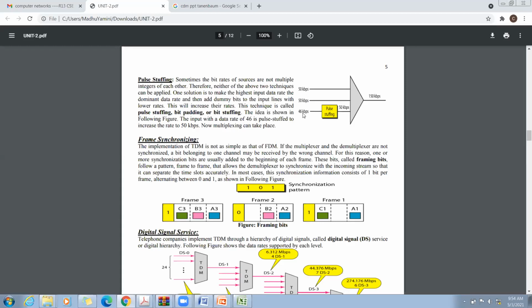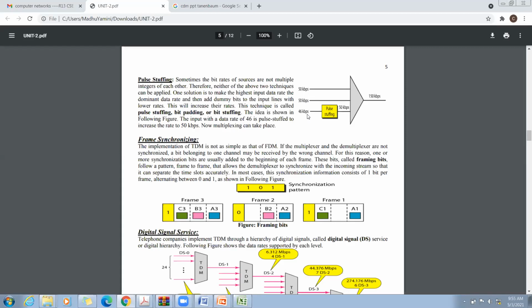There is a 4 kbps deficiency. So we use techniques here. One is called pulse stuffing, or bit stuffing, or bit padding.